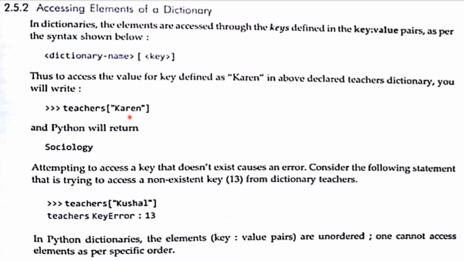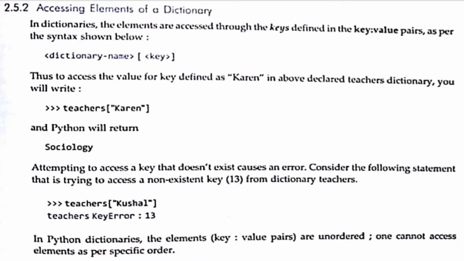Attempting to access a key that doesn't exist causes an error. Suppose the key is not present in the dictionary, that will give you an error. In Python dictionaries, the key value pairs are unordered. One cannot access elements as per a specific order.